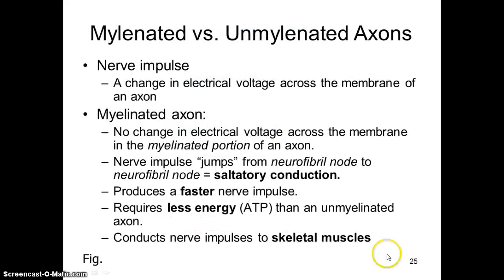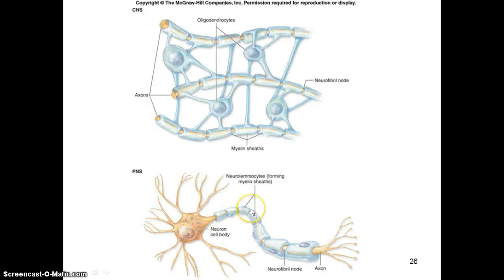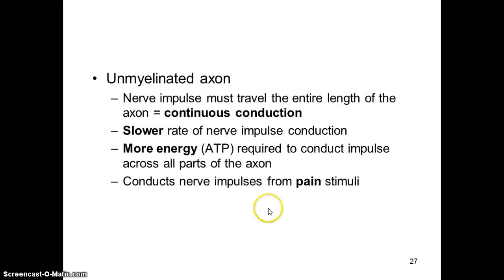So you can review the notes here on impulse transmission occurring within myelinated axons versus unmyelinated axons, but this is where we'll pick up in the next video clip.